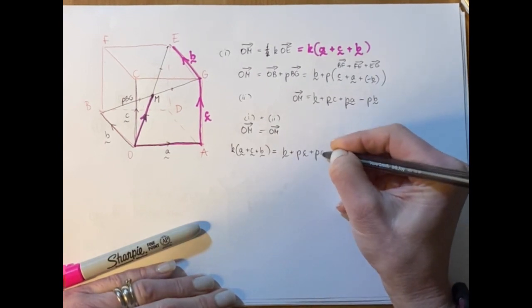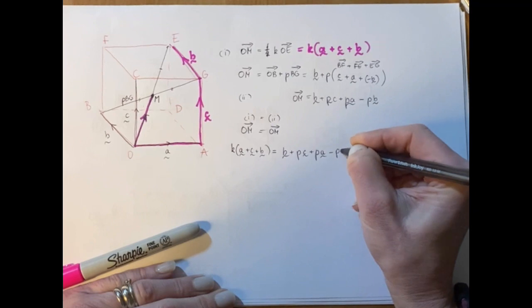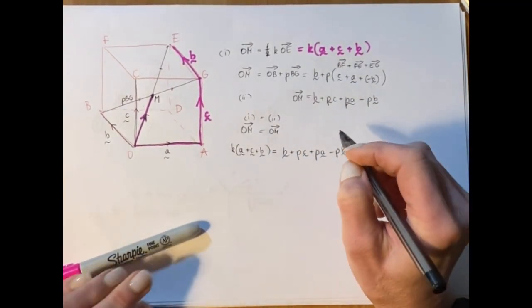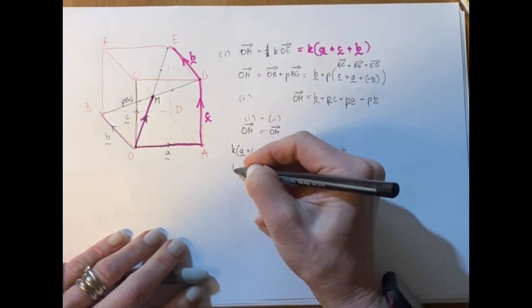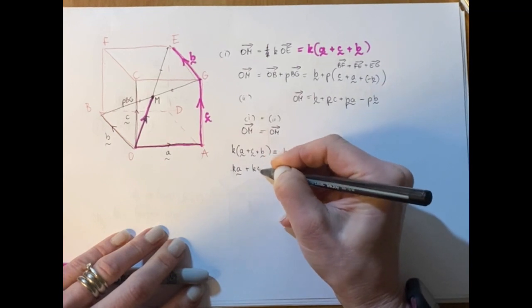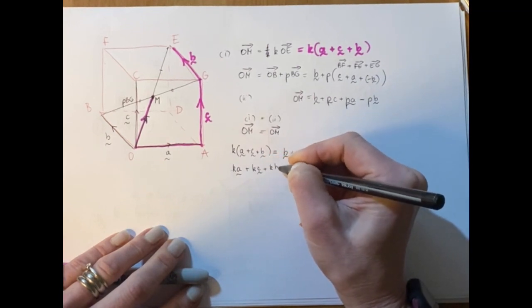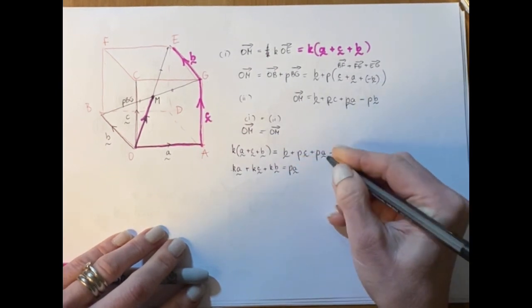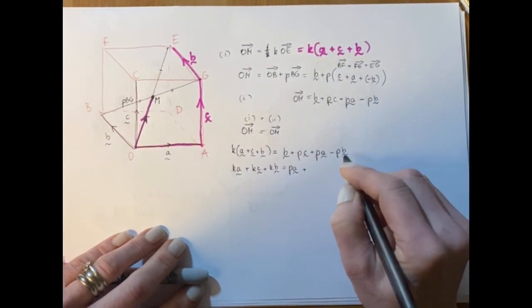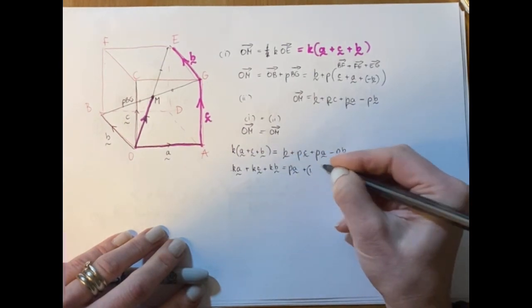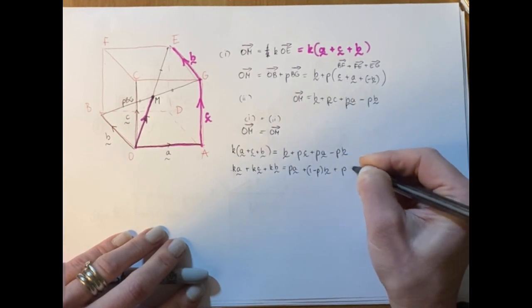So there you go. So anything on the left hand side must be equal to the right hand side. So let's just expand it and put them in order. You've got k lots of A, k lots of C, k lots of B. Here we've got p lots of A, then we've got, how many B's have we got? Well, we've got 1 minus p, factorize these, and then you've got p lots of C.